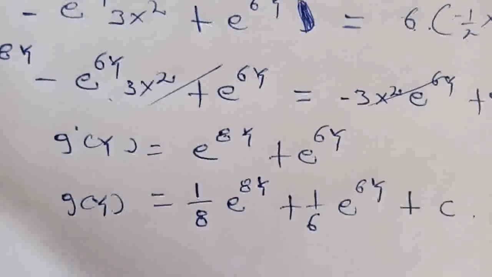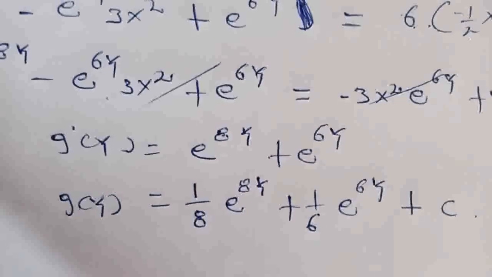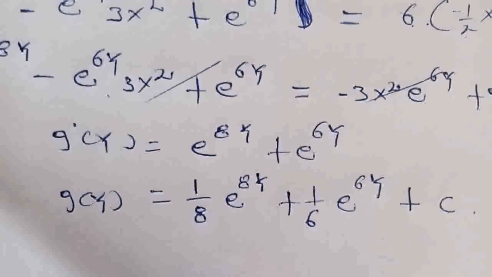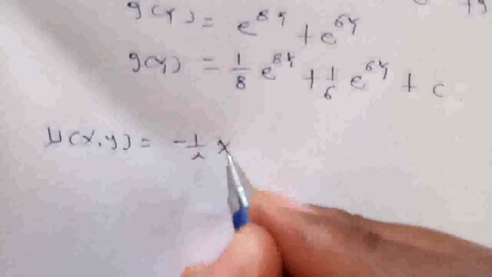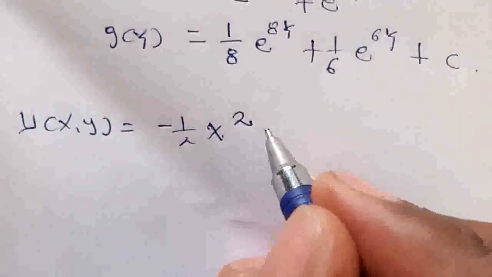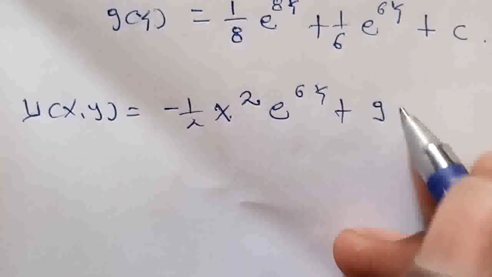Now let us substitute this one in our solution. Here our solution is u of x,y, which is equal to negative 1/2 x squared e to the power of 6y plus g of y.